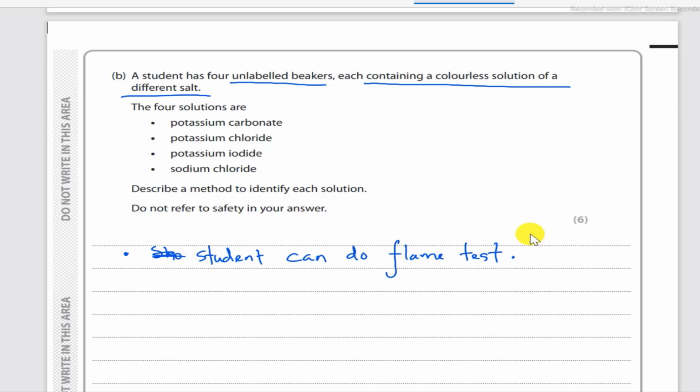Sodium chloride produces a yellow flame.